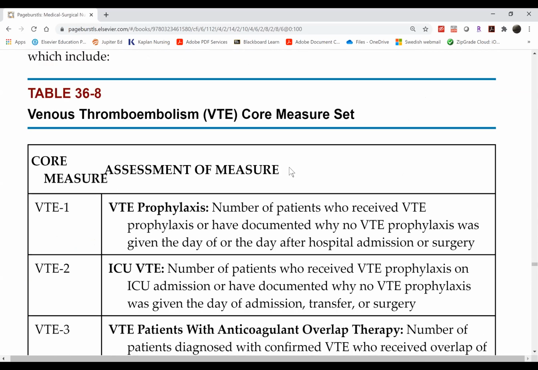Since DVTs are fatal, then of course Joint Commission comes into the picture. You remember we had SCIP in chapter 14 for surgical patients, meaning Surgical Care Improvement Project, which is a core measure for Joint Commission. Here is now another core measure from Joint Commission, this time for VTEs or DVTs.